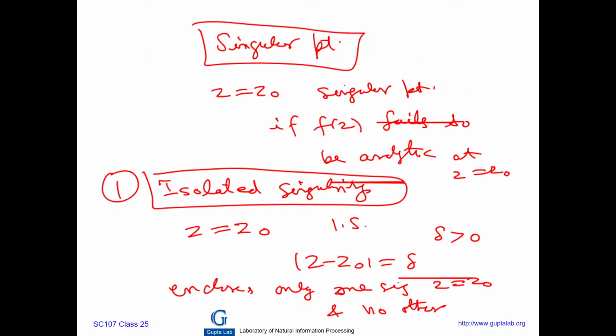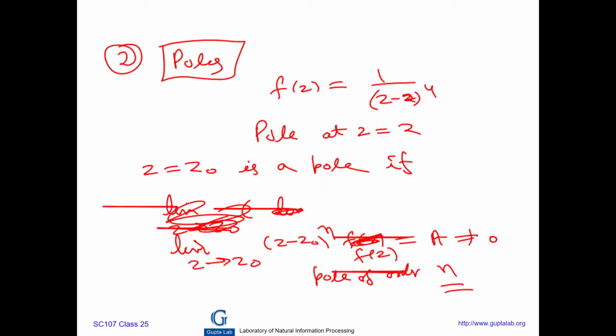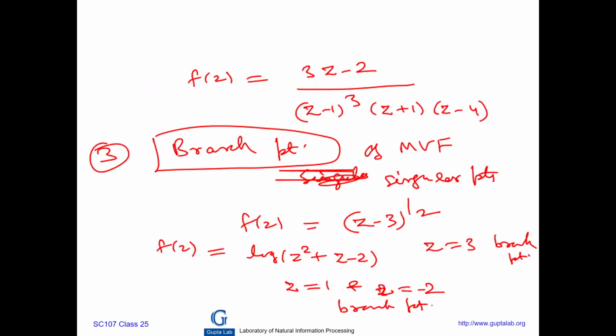Anyway, singular point, isolated singularity: a singularity in whose neighborhood there is no other singularity is an isolated singularity, right? Poles: normally at poles the function is unbounded, so it fails to be analytic at that point, right? So for square root of (z minus 3), z equal to 3 is a branch point, right?